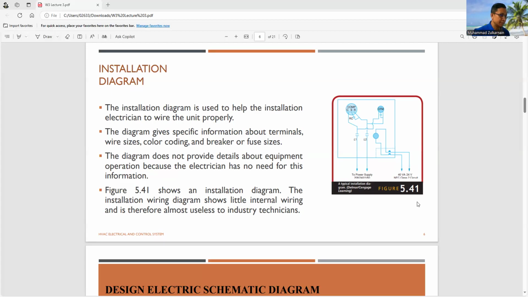The diagram gives specific information about terminals, wire size, color coding, and breaker or fuse size. So we hope the technician understands how to put in all the wiring and follow the coloring system. The color represents a meaning. If blue is for the positive, you should use the blue one.